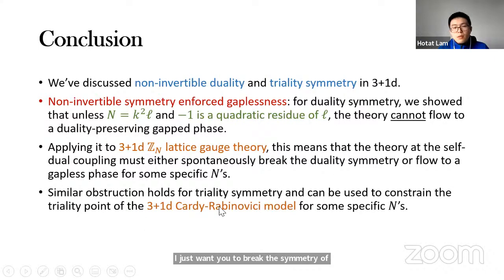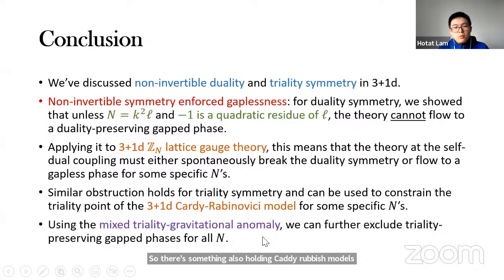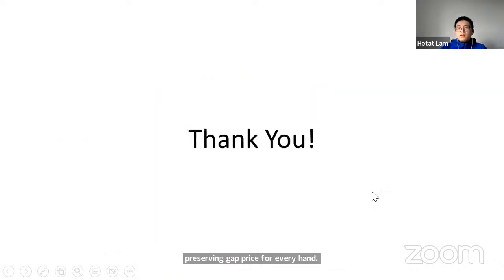The same thing also holds in Cardy-Rabinovici models at the duality points. And in that case, because there's a mixed duality gravitational anomaly, we can say something stronger: we can exclude a symmetry-preserving gapped phase for every n. Okay, so that's everything I wanted to say, and thank you for listening.